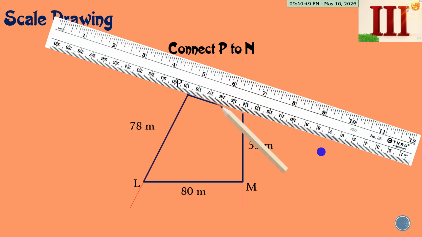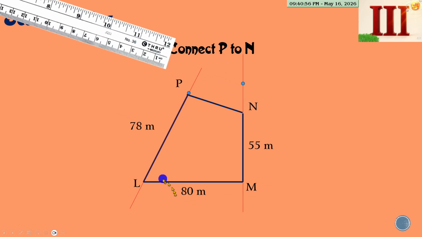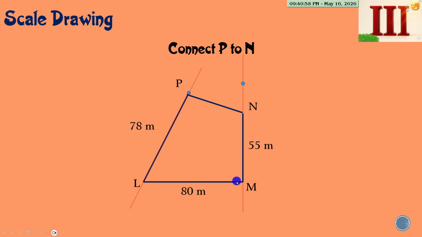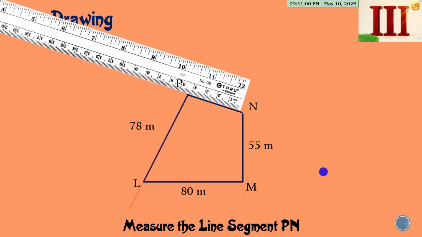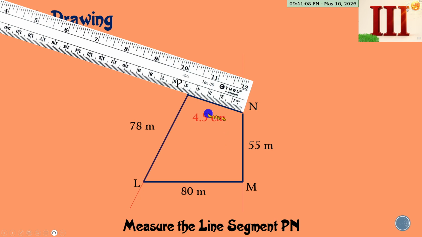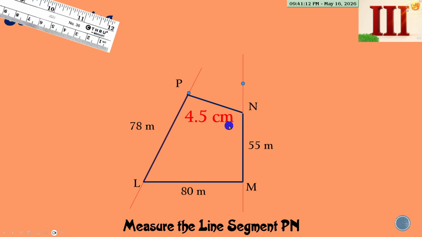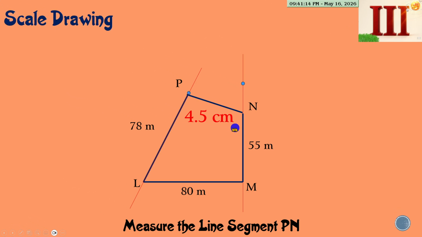So the scale drawing is done first. We really should put the angle measures in. I hope I did that. I did not. It doesn't seem like I have done that, but we would measure, and this ends up being 4.5 centimeters when we measure.